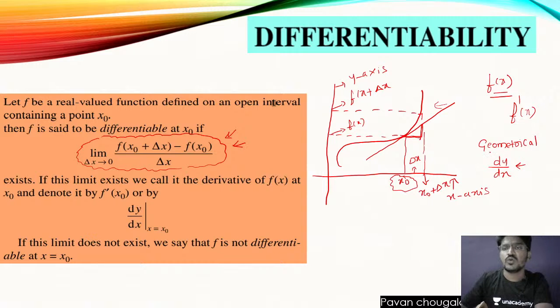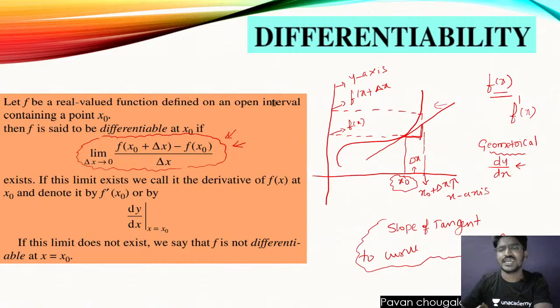The geometrical meaning of dy by dx is the slope of the tangent drawn to the curve. Clear? This is very, very important to understand what differentiation is.